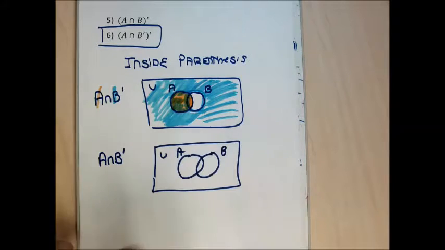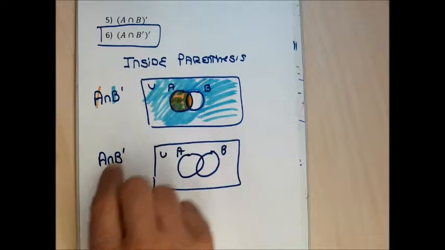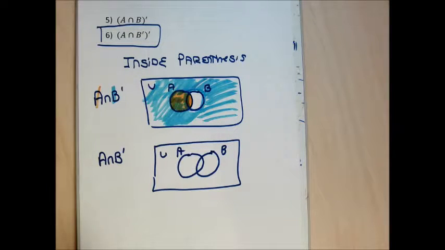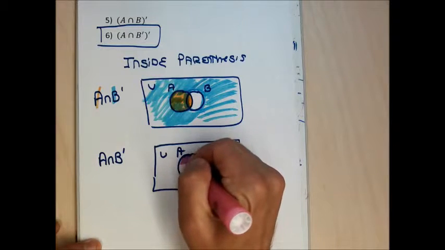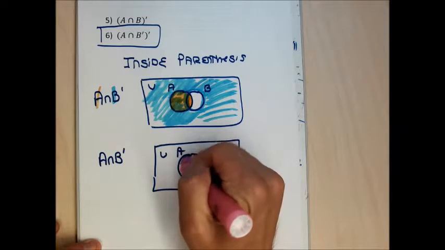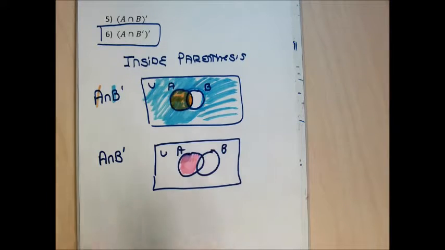So the region that represents A intersection B complement is the region where I have both the orangish and blue shading, and that looks to be like this region right here. It's not my answer, because my answer needs to take the complement of this.